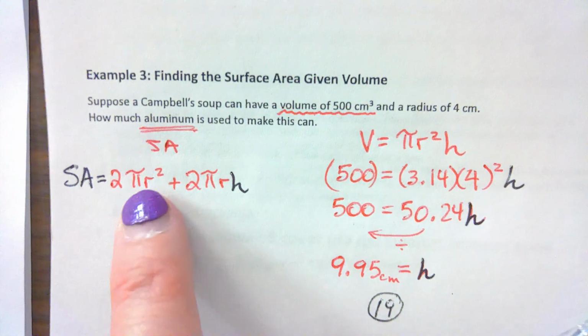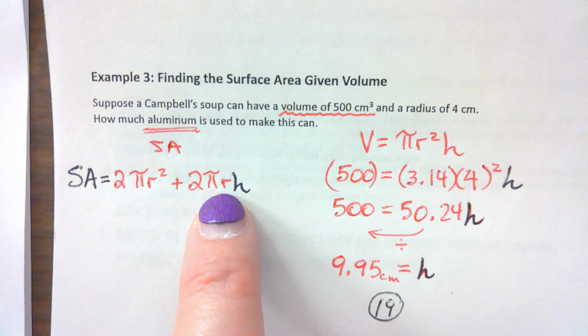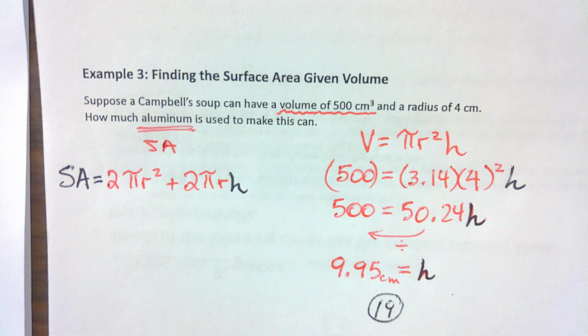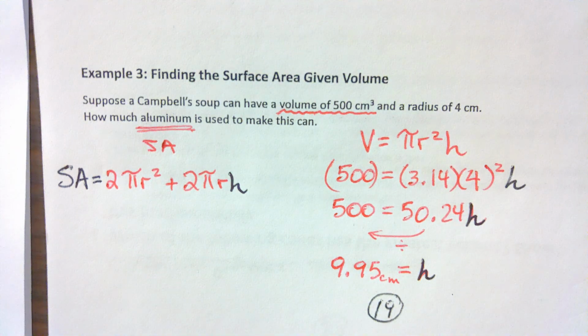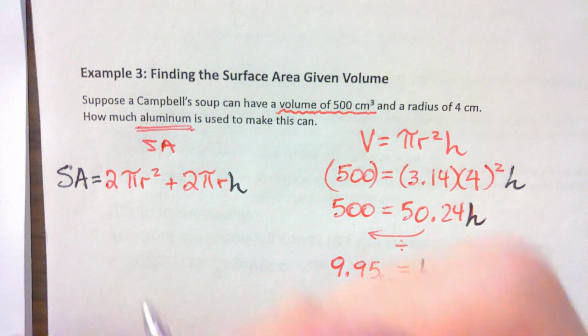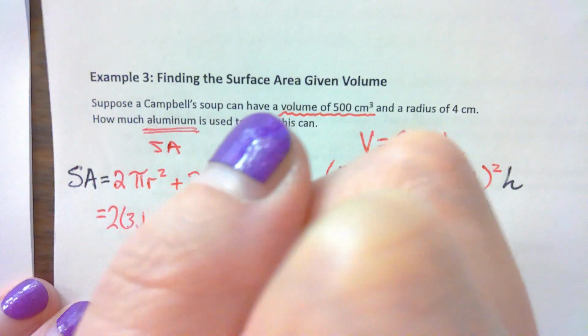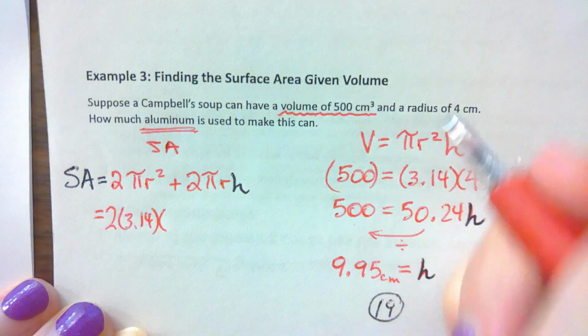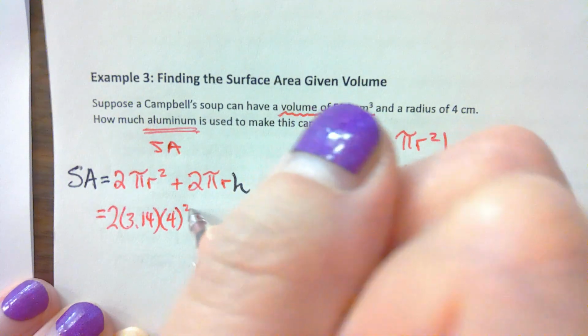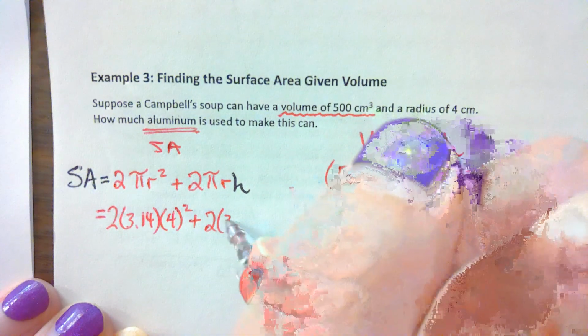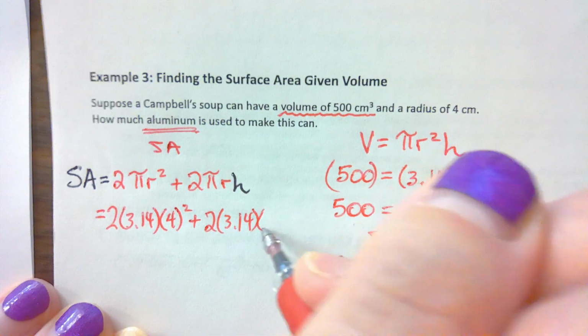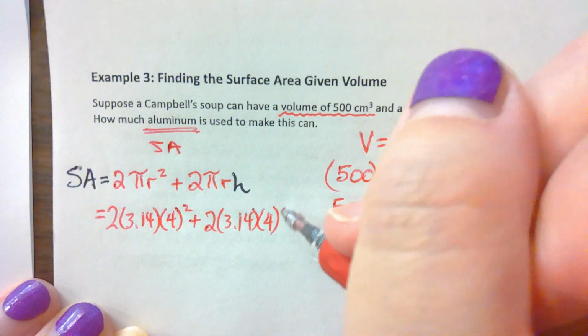Do I know everything? Yeah, I have radius and I just found out what h is. So now it's just simply substituting all the numbers in, and I can find my answer. So 2 times 3.14 times radius, which is 4, plus 2 times 3.14 times 4 times 9.95.